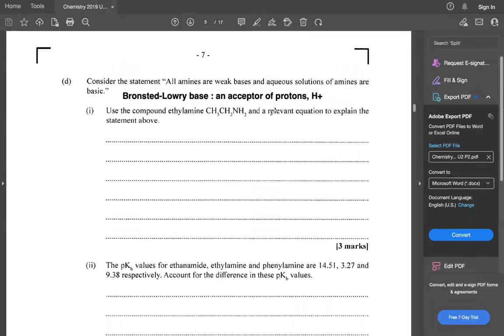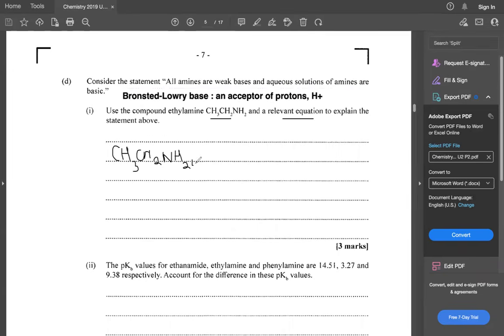So this compound and an equation that we can come up with is essentially this equation here that shows how bases behave, right? So this is our formula for ethylamine. So it's CH3CH2NH2, right?